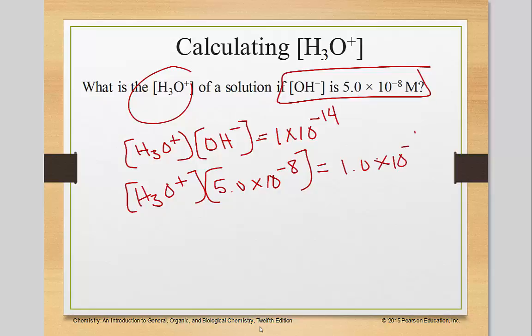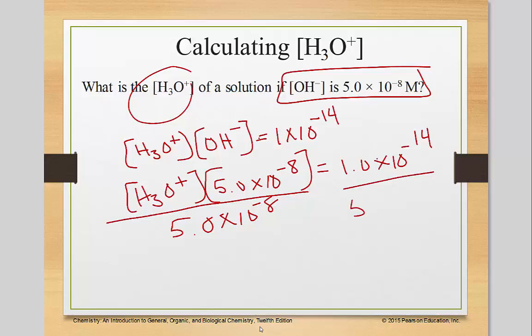We're going to divide both sides by that 5.0. Those cancel. So it'll be 1 EE or EXP negative 14 divided by 5 EE or EXP negative 8.